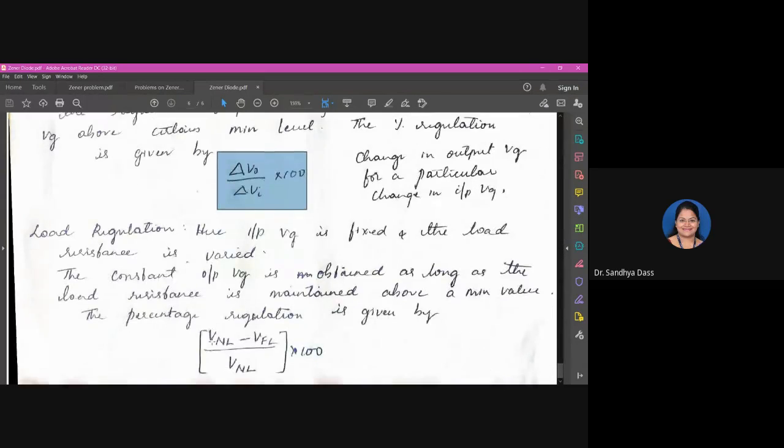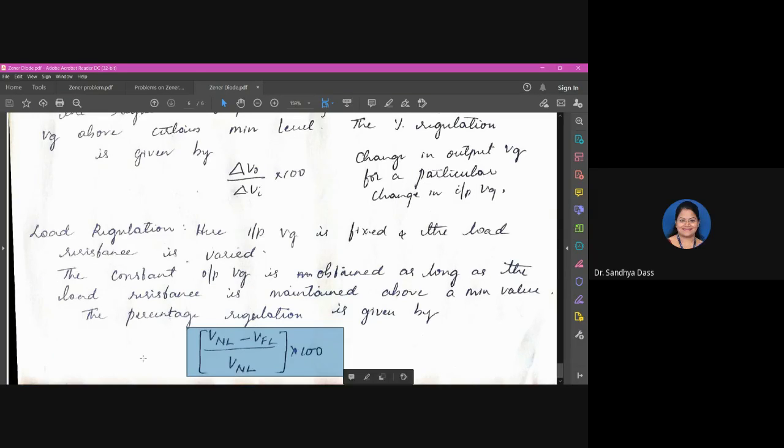And finally, the load regulation is always measured in terms of percentage. To calculate the load regulation of the Zener diode, we always go for the output with load and without load. Here VNL indicates no load and VFL indicates full load.